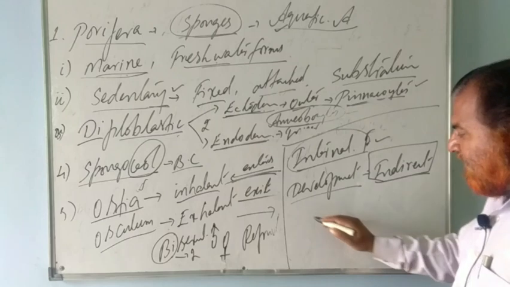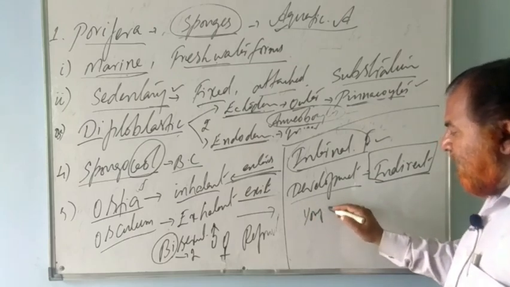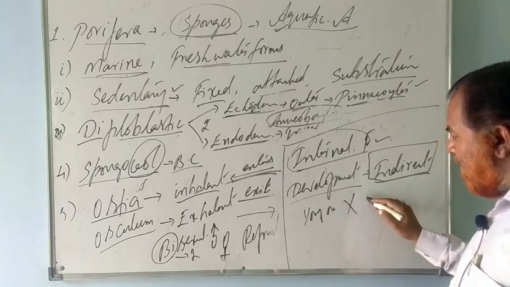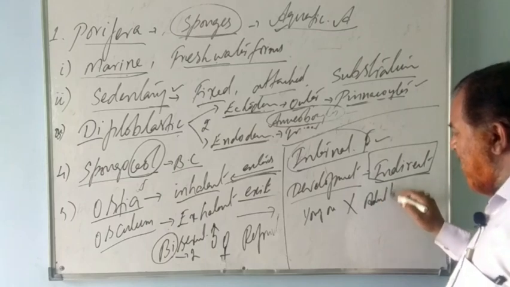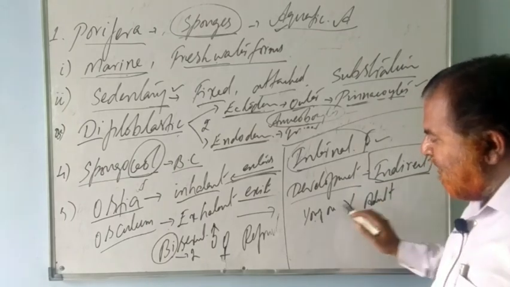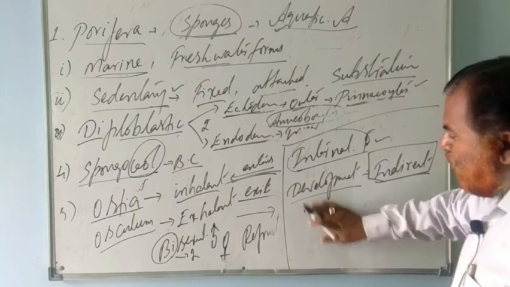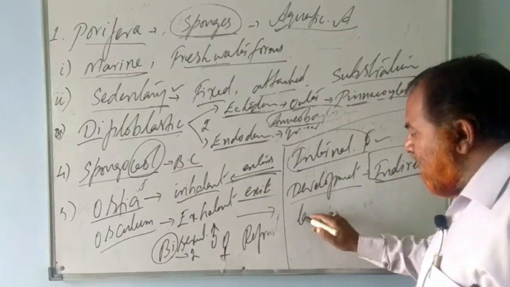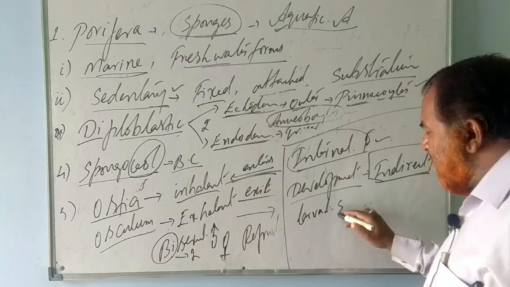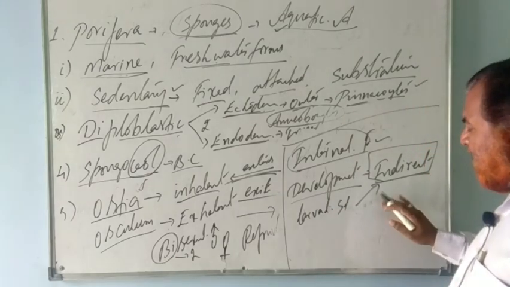Why indirect? Because here the young one does not resemble the adult immediately after birth. Such a development that takes place through larval stages is known as indirect.